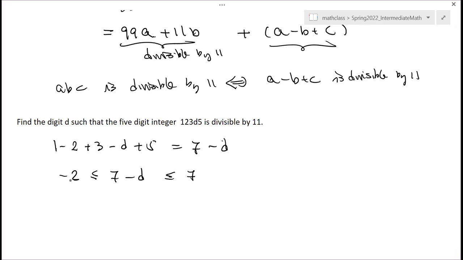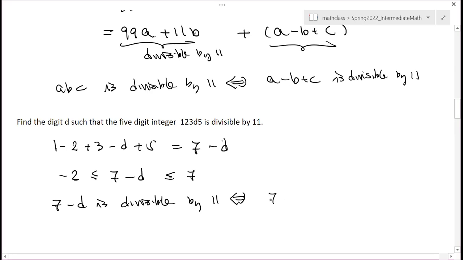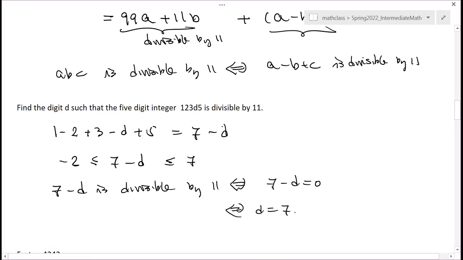Now, the only integer between -2 and 7 divisible by 11 is 0, so 7 minus d is divisible by 11 if and only if 7 minus d is 0. That's why you get only one solution this time. So d equals 7. That's how we solve the problem.